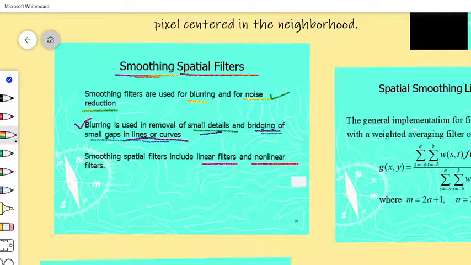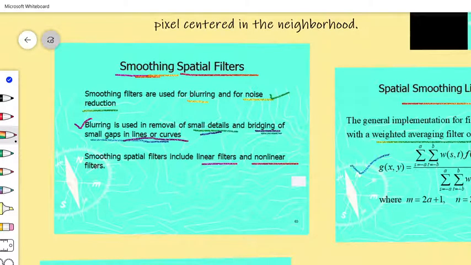Then the implementation of smoothing linear filters for an M by N size image with a weighted averaging filter of size m by n is given by this formula.